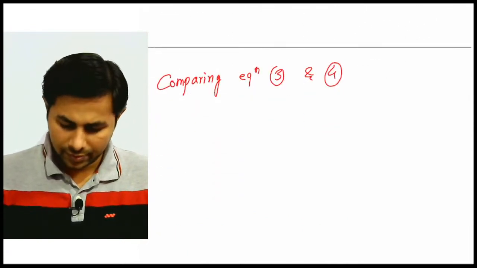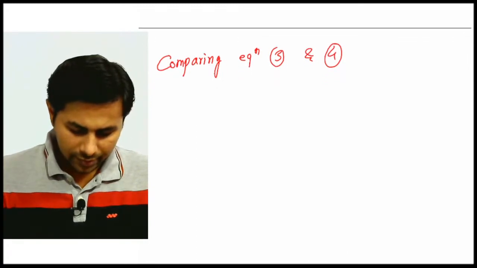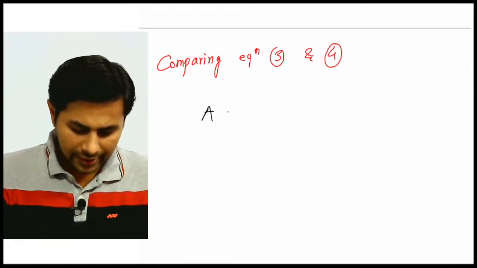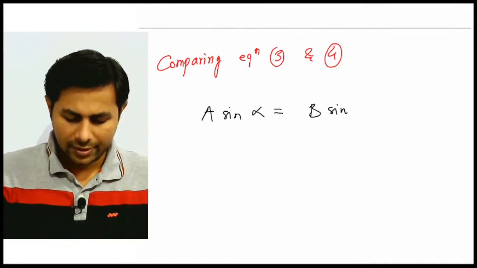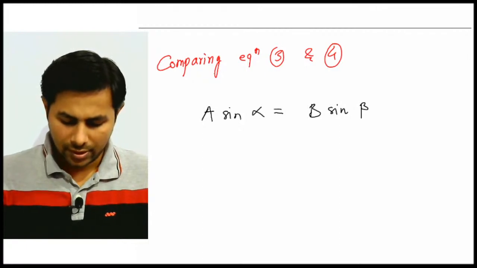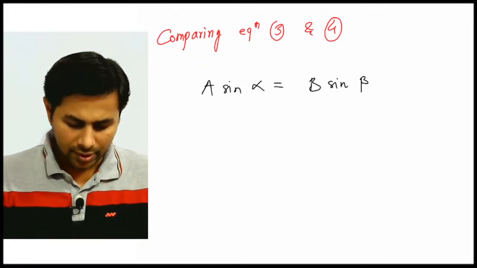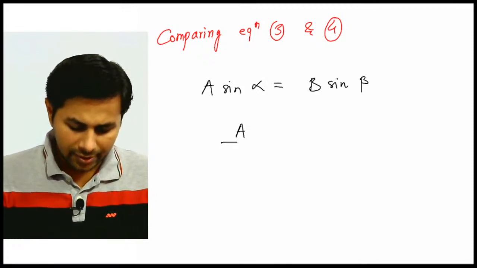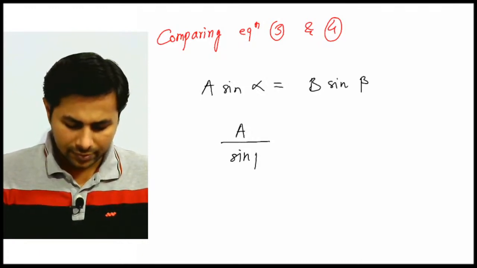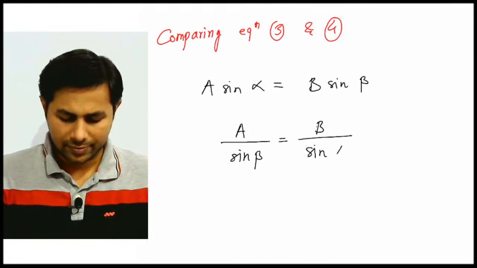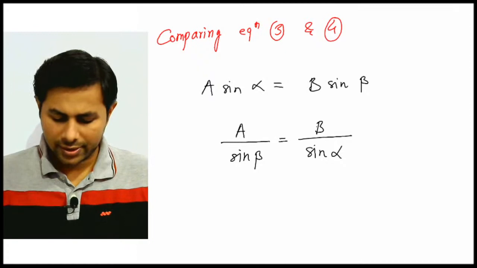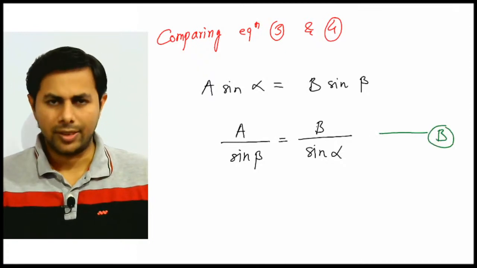So we have A sine alpha equals B multiplied by sine of beta, and then I can rearrange this and write A divided by sine beta equals B divided by sine alpha. Okay, and let's call this equation number b.